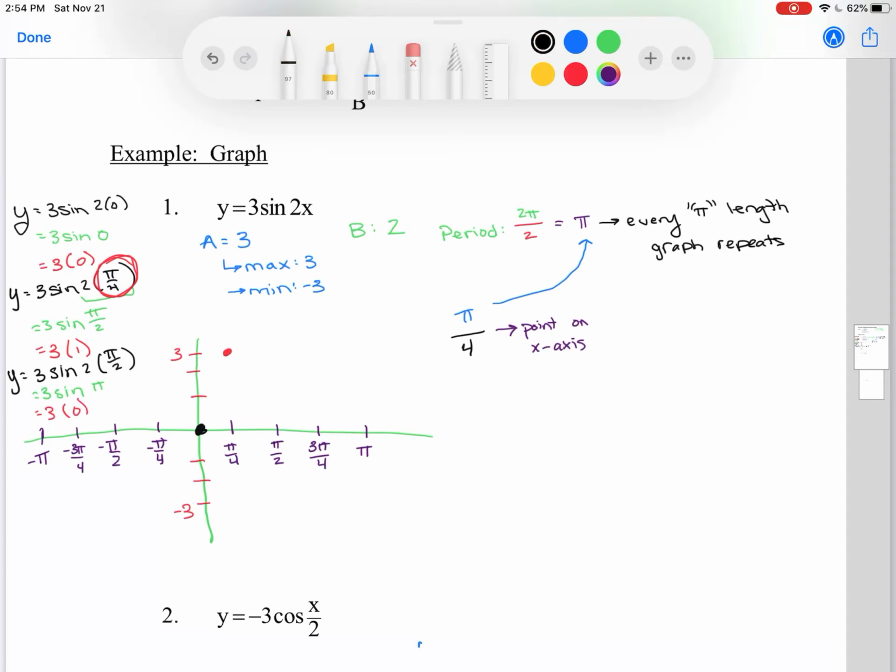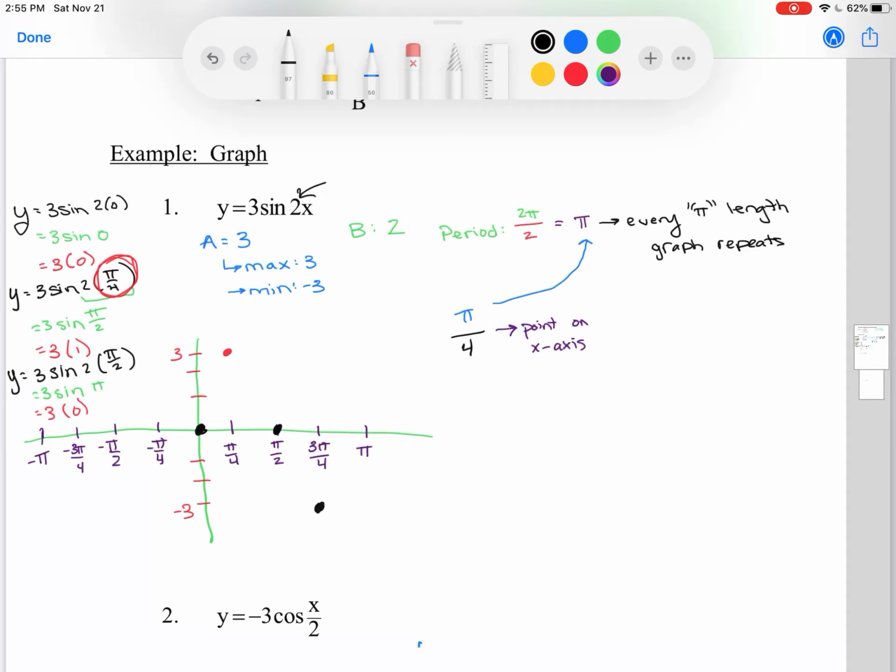Follow with pi halves now. Well, what is your 3 sine 2x at pi halves? Multiply those together, and now you're looking at sine at pi. And sine at pi is going to be 0 again.